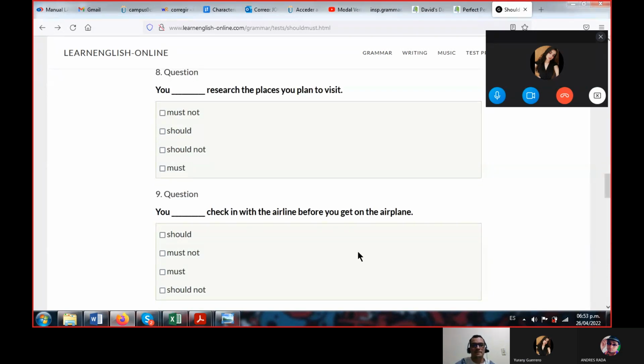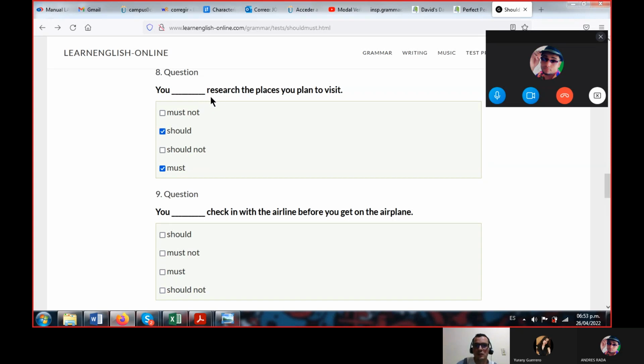Ok, Andrés, tell me. Teacher, the question is you must research the place you plan to visit. Okay, but like it's more an advice, maybe. Or both is possible. Must and should is possible, pero puede sonar más a un consejo.